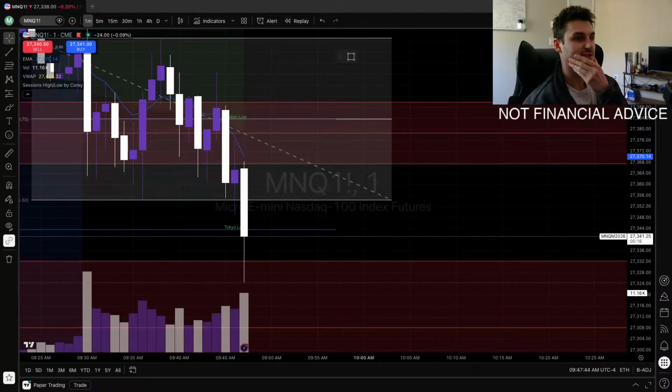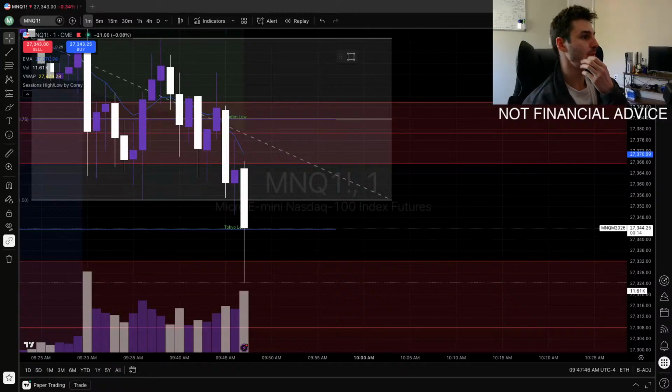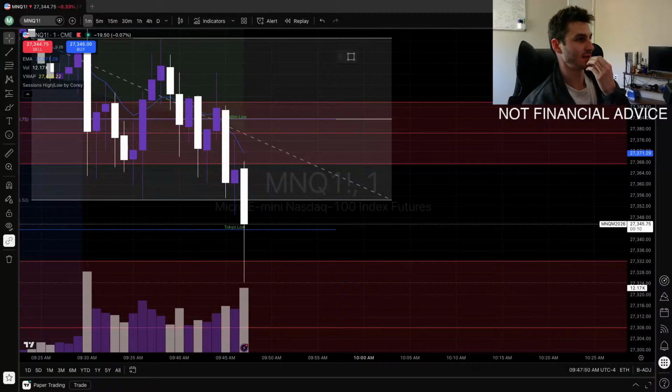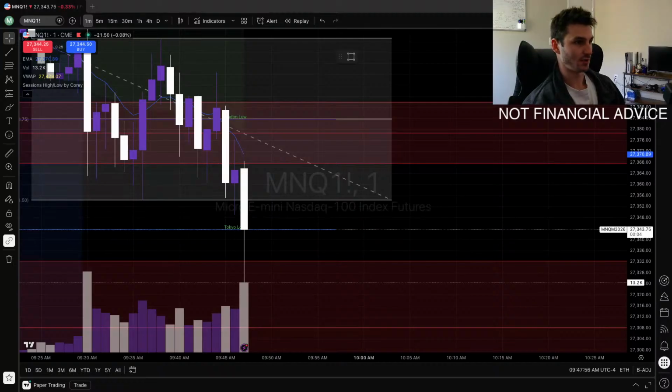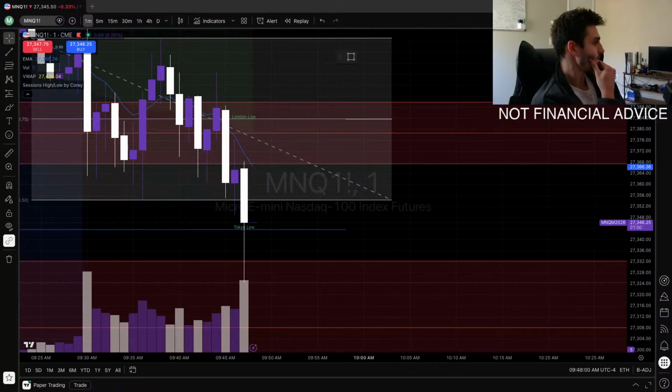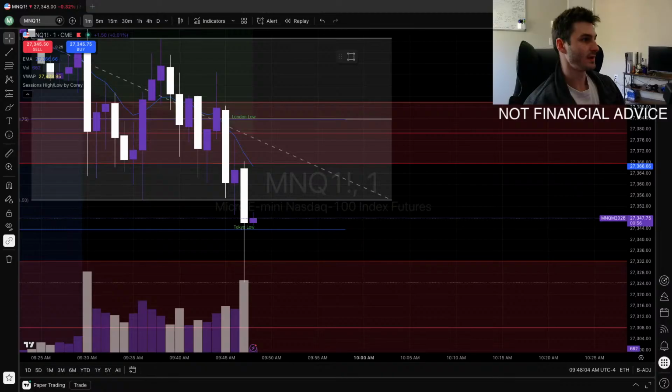So I'm looking for basically manipulation off these pivots. So we're obviously making higher highs and higher lows. See, that's a good reaction right there. We can hold it. If we can hold that. Do we get inverse gaps anywhere? No, we don't.